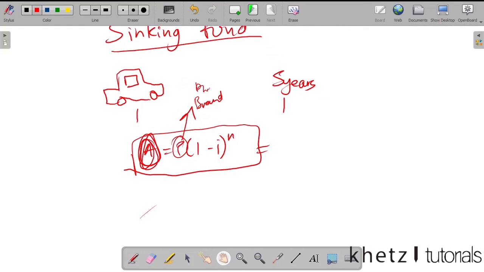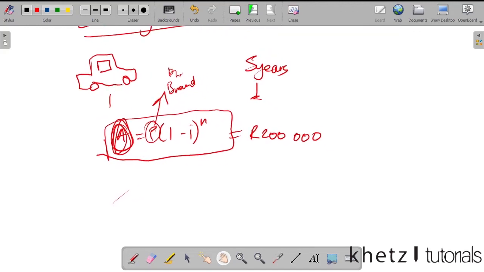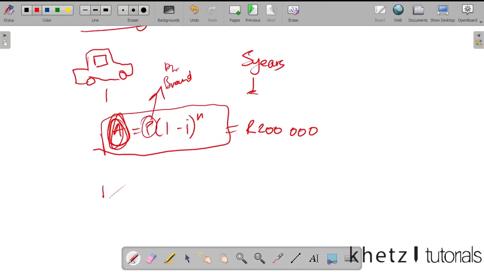So let's say you bought a car for X amount, and after 5 years, when you want to sell it, it is worth 200,000 rands. And the new car that you want to buy is 600,000 rands. So the difference between the new car that you want to buy, or the new piece of equipment, it can be anything, the difference between these two is your sinking fund.